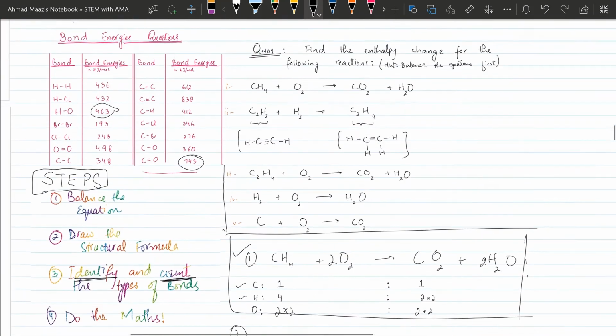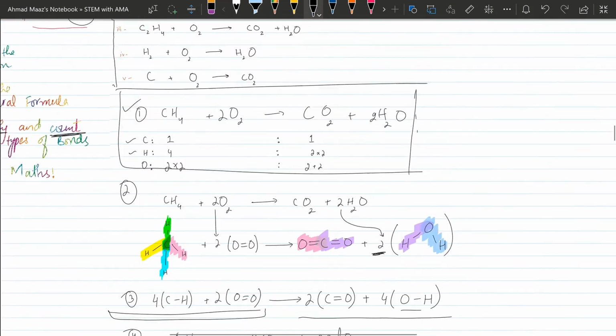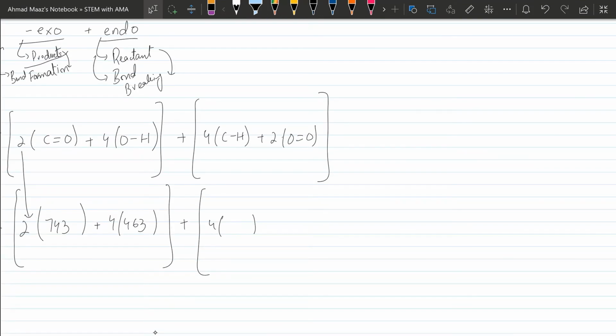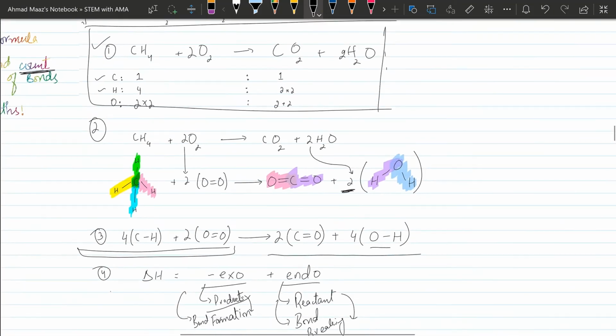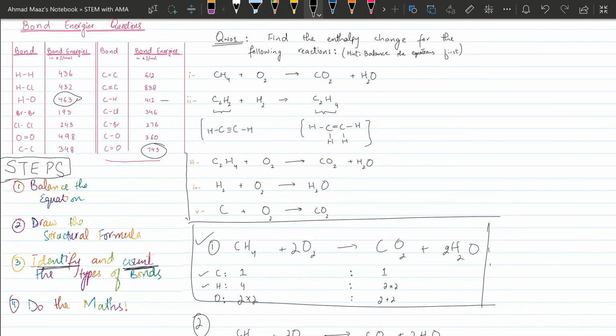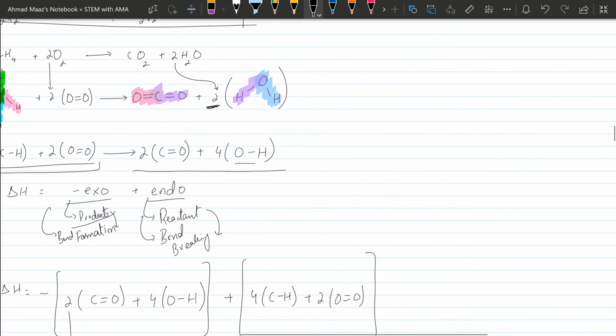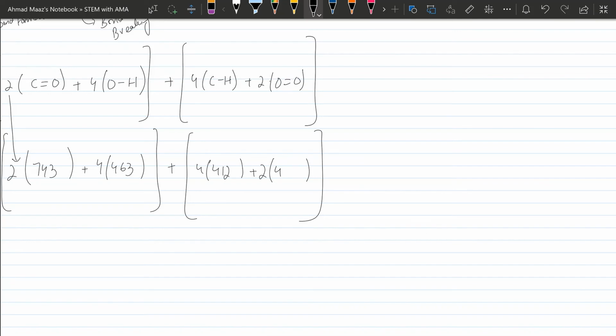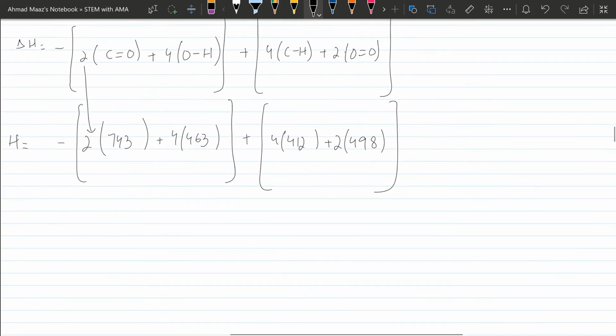The C-H bond is over here, 412. 4 times 412 plus 2 times O double bond O, and that is the last data, 498. 2 times 498. That's it.